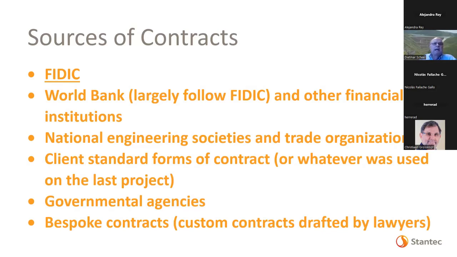Examples might be the Inter-American Development Bank, which will base certain conditions on that, the African Development Bank and the Asian Development Bank. There are a number of institutions that use it. More so at a local level, you have national engineering societies and trade organizations, which create their own standard forms of contract.